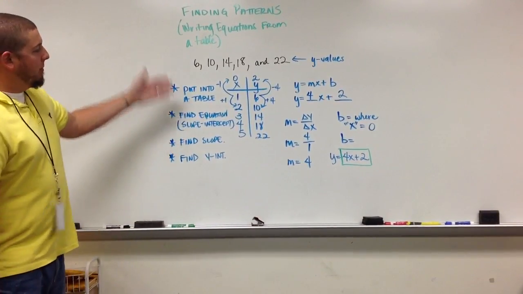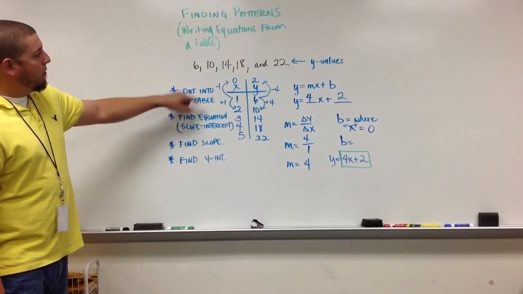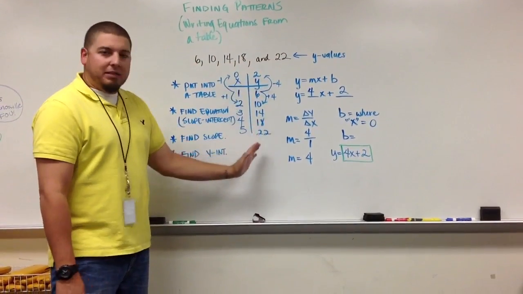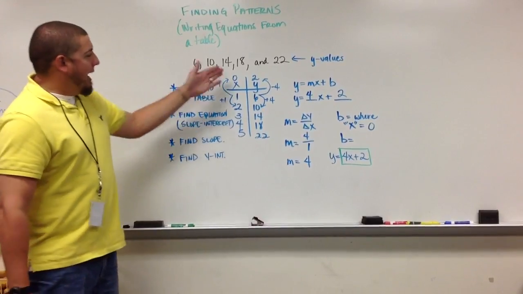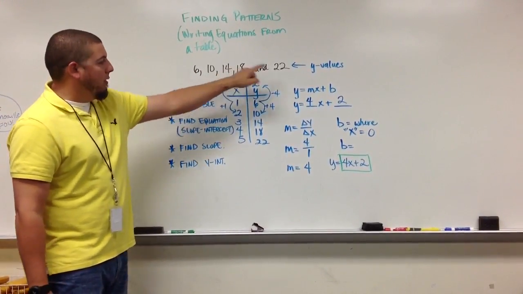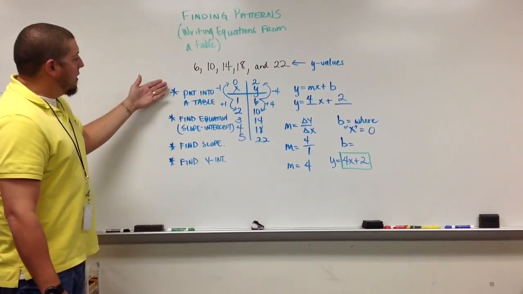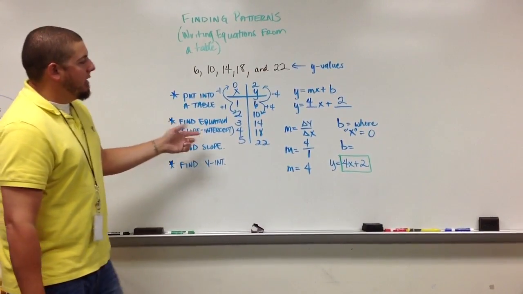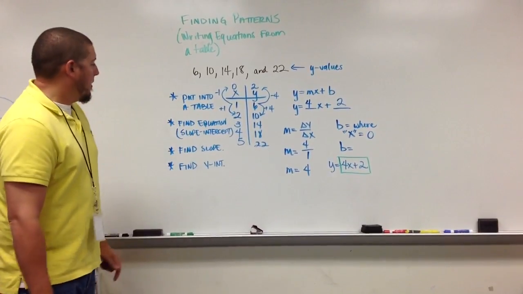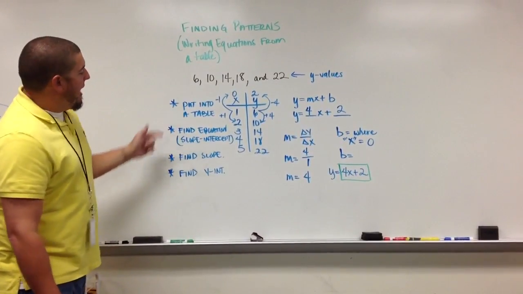So let's go ahead and review the steps one more time. We put this into a table, so we took these 5 numbers, we treated them as y values and stuck them in a table. Then our x values are basically the position. This was the first one, so it's 1, 2, 3, 4, and 5. Once I did that, I'm going to find the equation in slope-intercept form, y equals mx plus b. First thing I need to do in order to do that is find the slope.